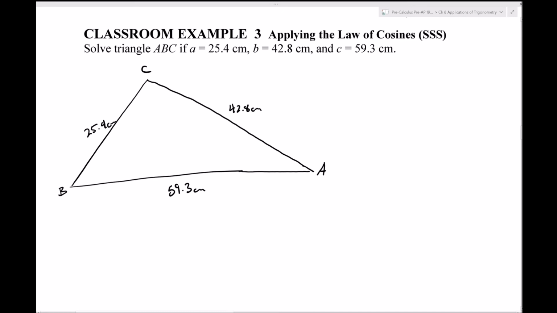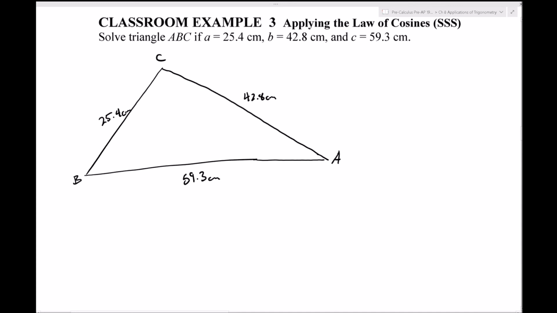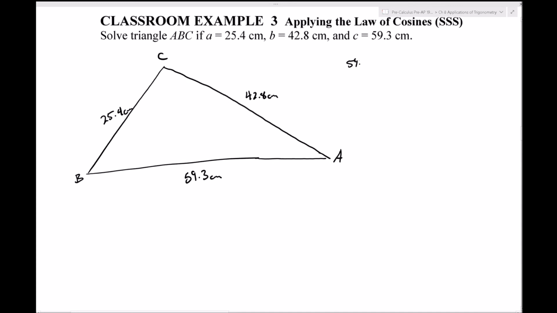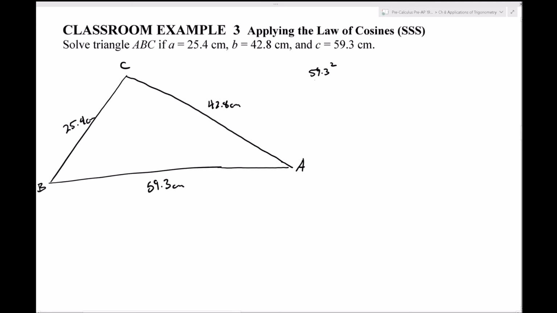Okay, the first thing I'd have you do is check to see what type of triangle it is. Take 59.3, since it's the largest one, and square it. So 59.3 squared is equal to 3516.49. Then you take the sum of the squares of the other two: 25.4 squared plus 42.8 squared.